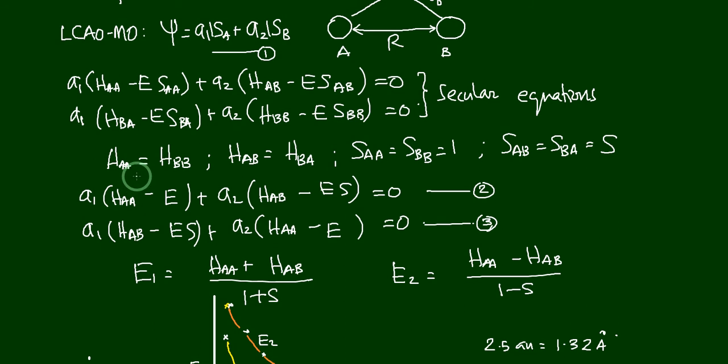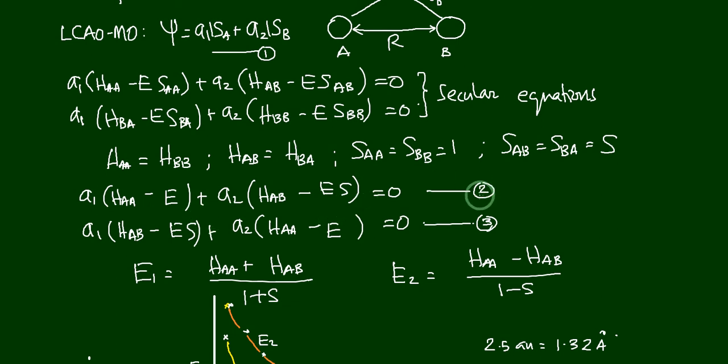We simplified those secular equations by the relations HAA equals HBB, HAB equals HBA, and SAA equals SBB equals 1, SAB equals SBA equals S. Applying these relations, we reached two simplified equations: A1(HAA minus E) plus A2(HAB minus ES) equals 0.